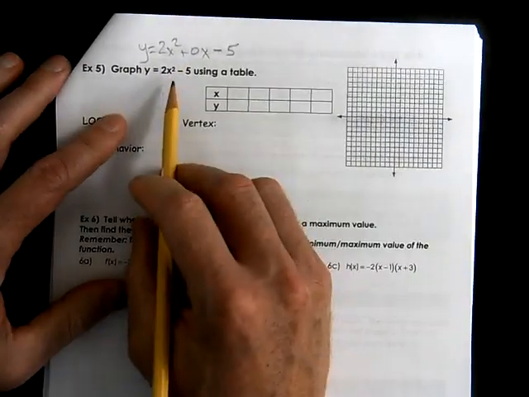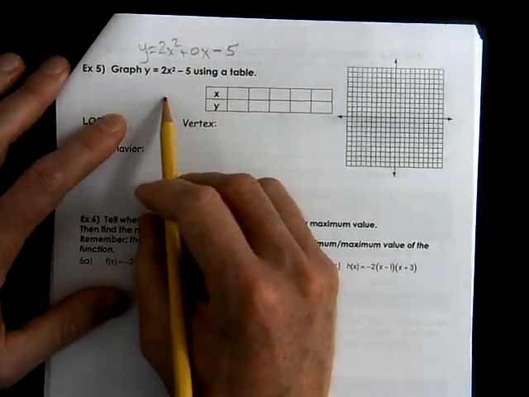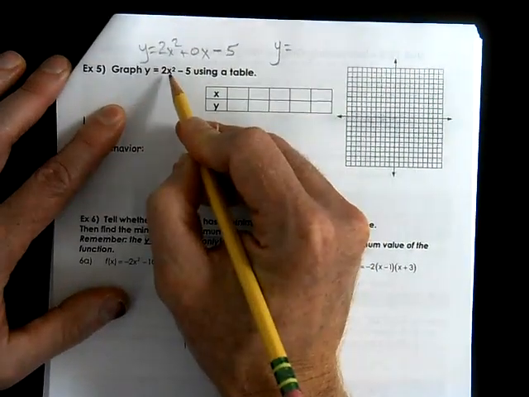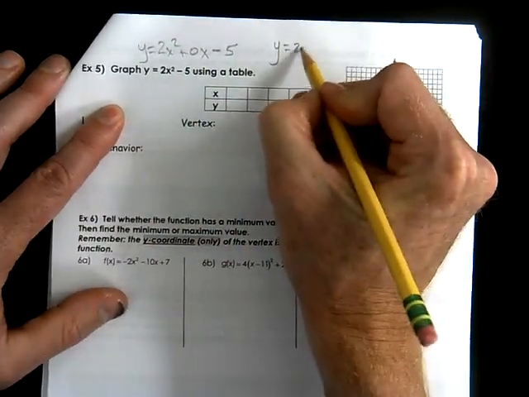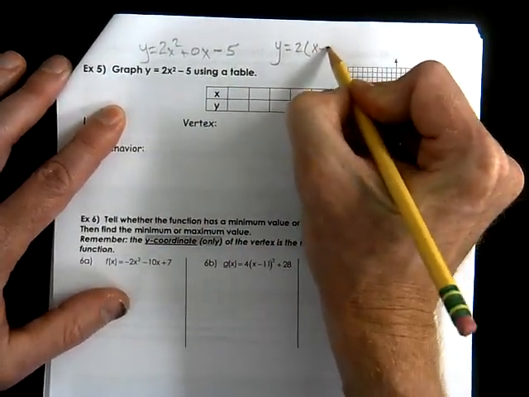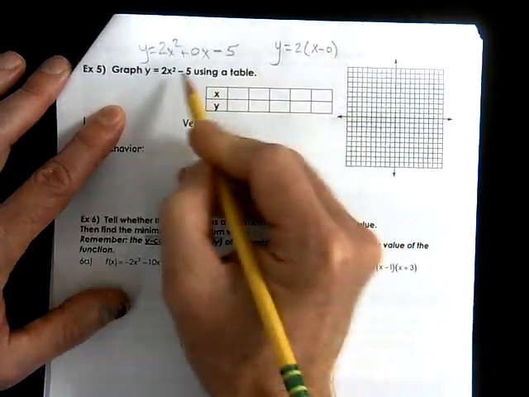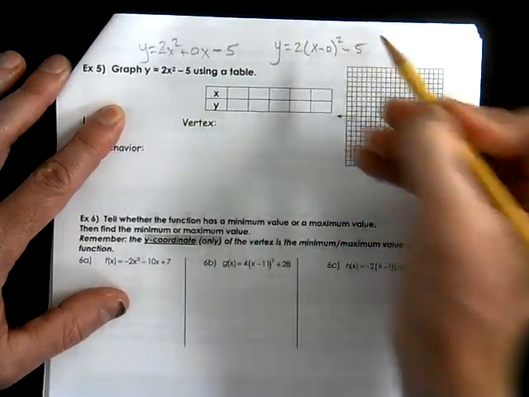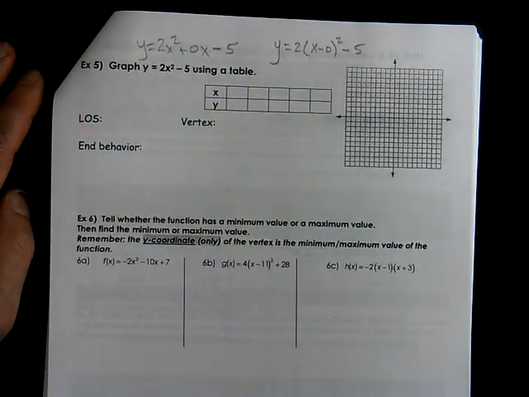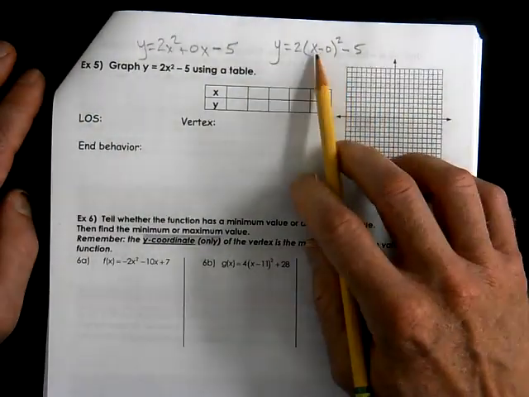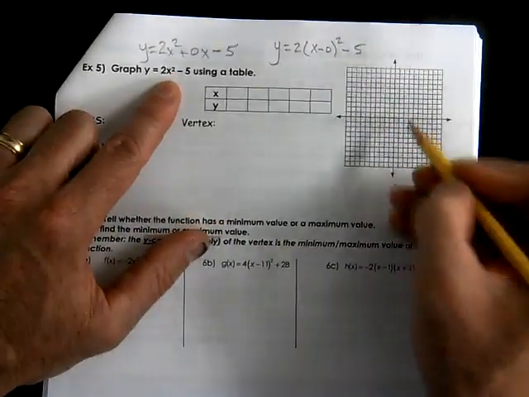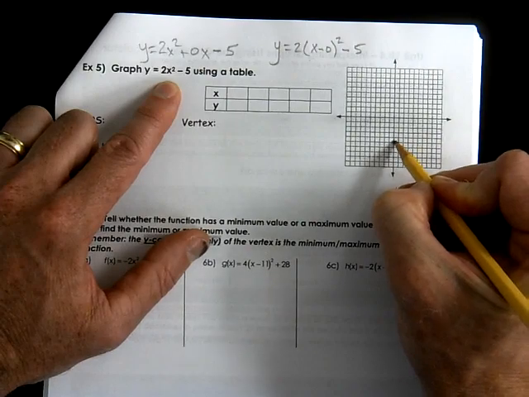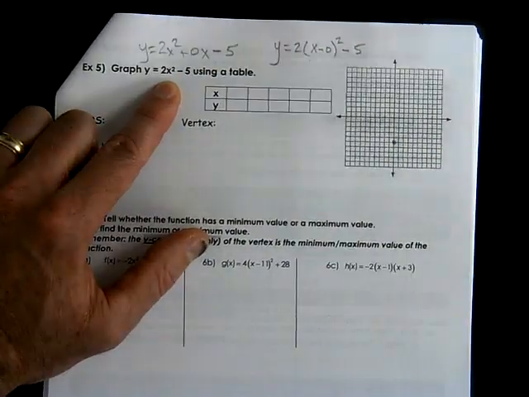You could also consider this to be vertex form, where you don't have an h value, and your k value is -5. So you already know where your vertex is at. It's at -5.